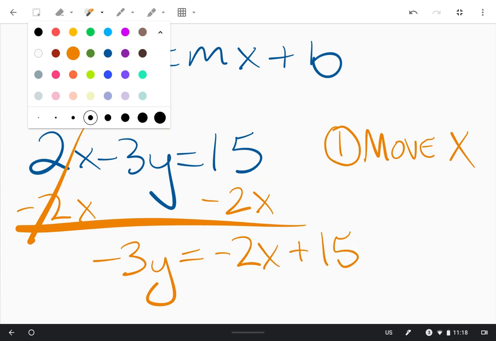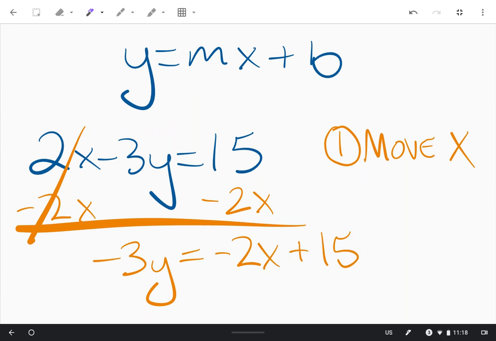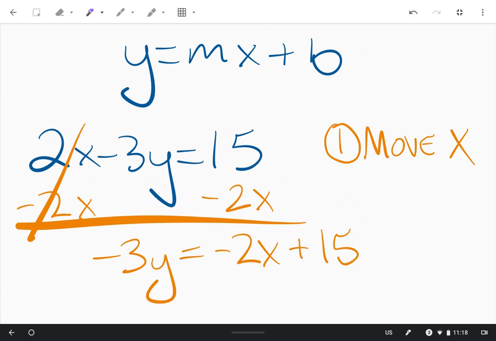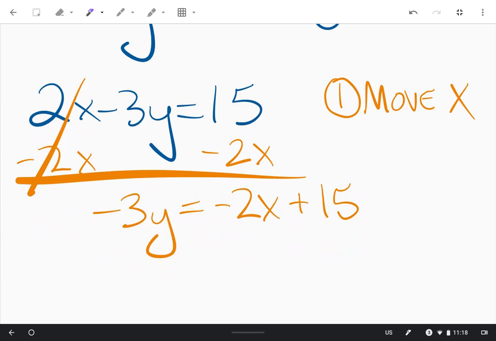That's the first step, the moving of x. We moved x so that it's now on this side. You can already see the equation taking shape: we have y equals x's plus a constant.